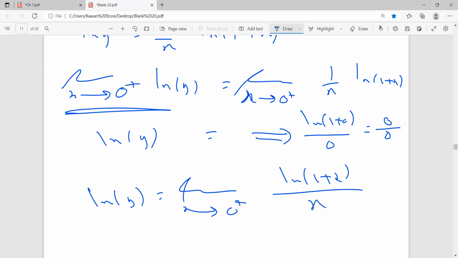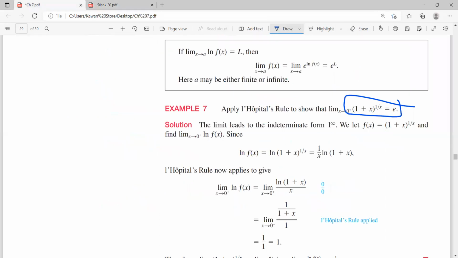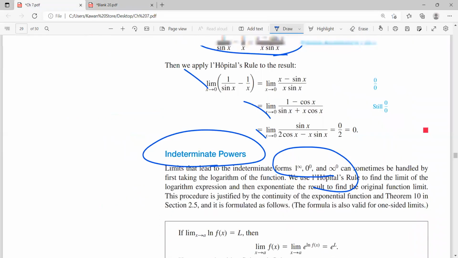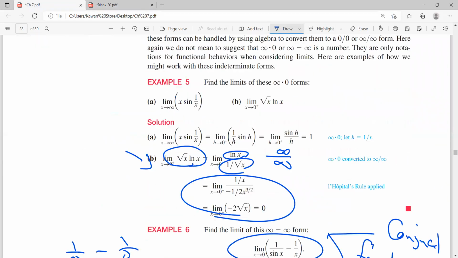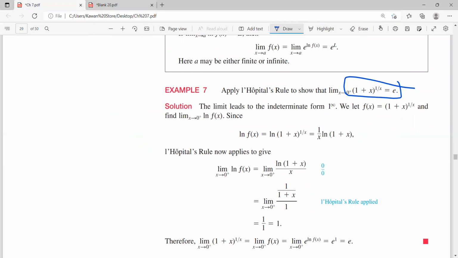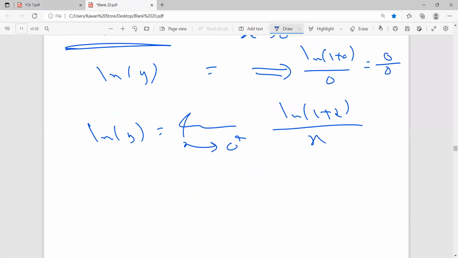We did it before, right? We did it here. So the result will be, yalla, equal to what?